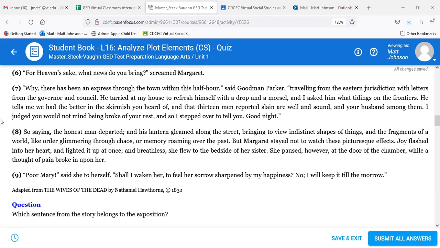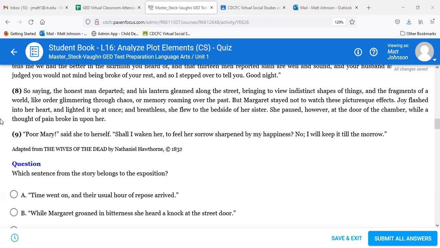Etta, number 8. Okay. So saying the honest man departed, and his lantern gleamed along the street, bringing to view indistinct shapes of things, and the fragments of a world like order glimmering through chaos or memory roaming over the past. But Margaret stayed not to watch these pictures.